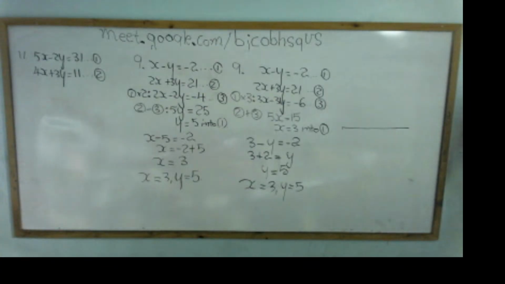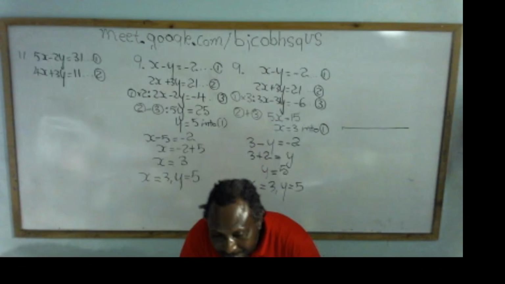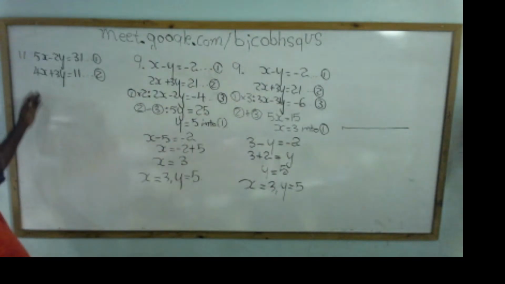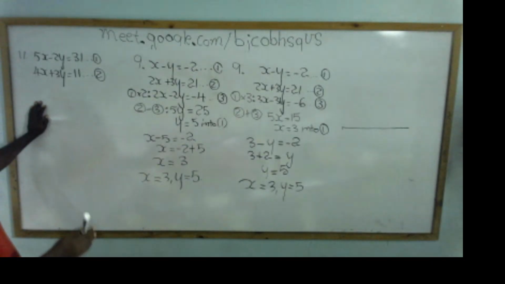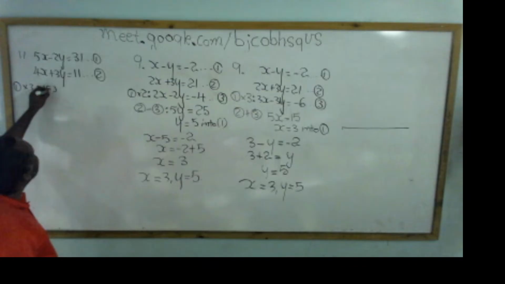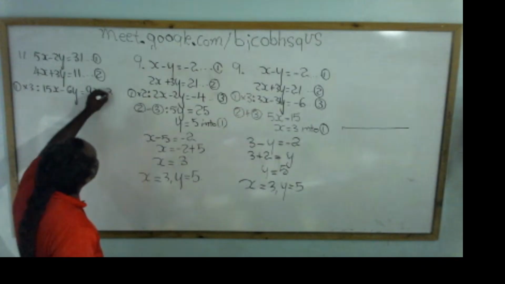Okay, so I'll go straight ahead. For one, I will use the smaller numbers eliminating the y's. For two, the resulting coefficients will be additive inverses. So equation 1 multiplied by 3: 15x minus 6y is equal to 93, and that's equation 3.